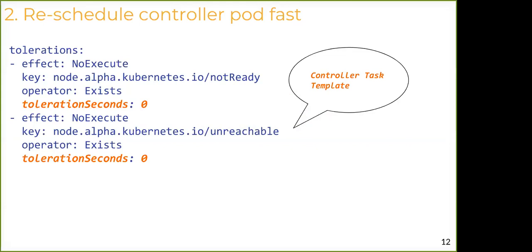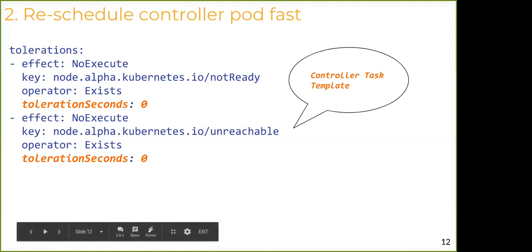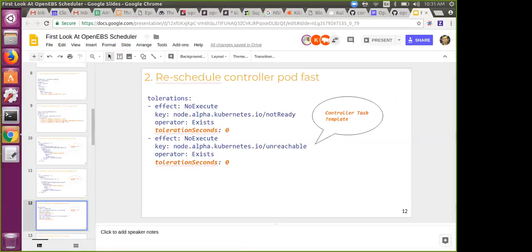For example, this toleration seconds, I find it very useful, not just in the context of OpenEBS, but generally if you are trying to run some critical services or pods in your environment, you can directly apply these specs. So I just want to pause for a minute and see if there are any initial comments or thoughts that people have. And have the concepts of task template and volume policy sunk in, or are there any questions there?